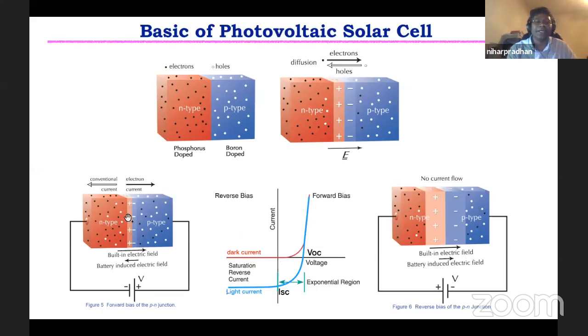Now, what will happen? You are in the forward bias. Let's stay there. And if we shine optical power, the photons will be absorbed in these materials. The photons will be absorbed throughout the N and P type materials. But what will happen in the junction is, there are already electrons and holes there, and there is a built-in electric field. So when you shine the light onto this junction, many free electron and hole pairs will be generated by absorbing the photons.